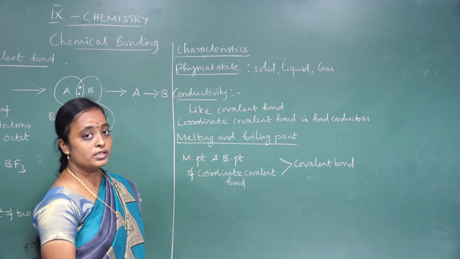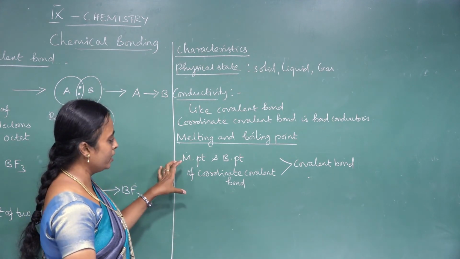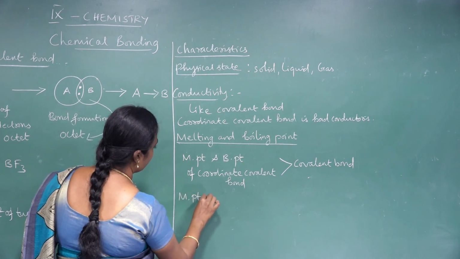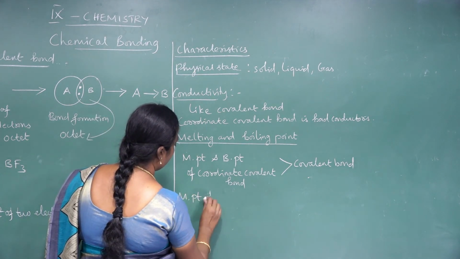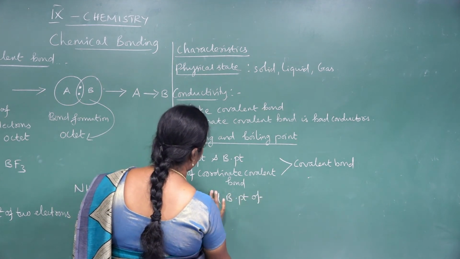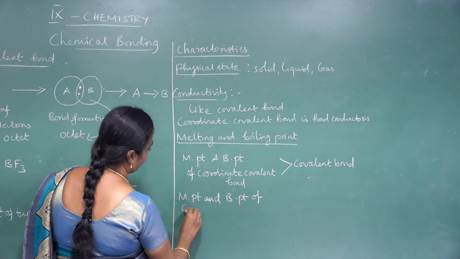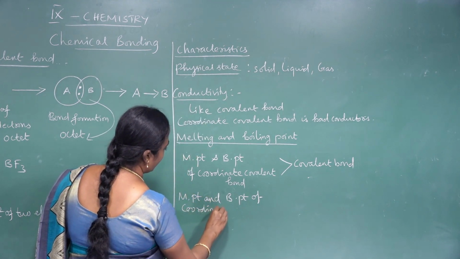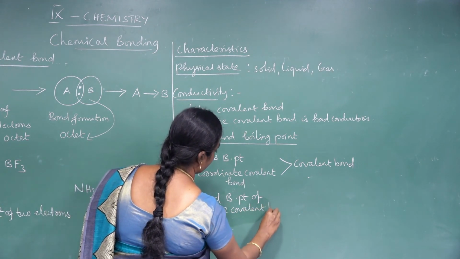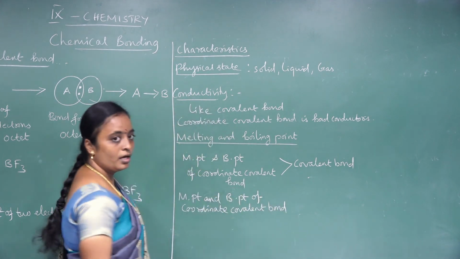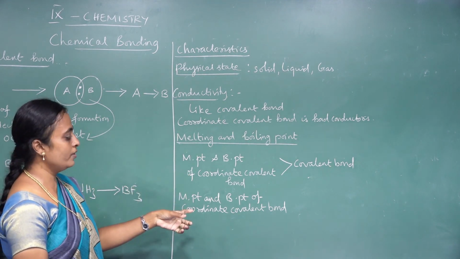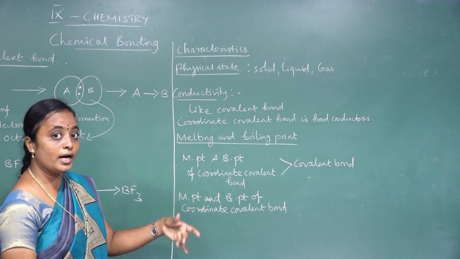The same situation, if I compare the coordinate covalent bond with the ionic bond, that is, the melting point and boiling point of the coordinate covalent bond should be compared with the ionic bond. We know that ionic bond means there is a transfer of electrons from one atom to another atom.